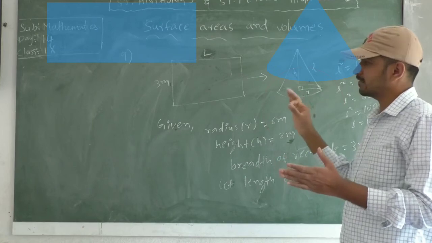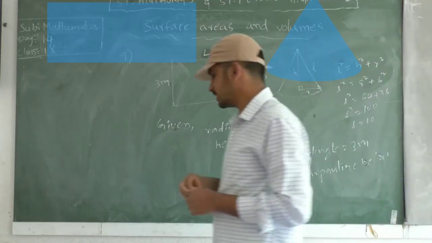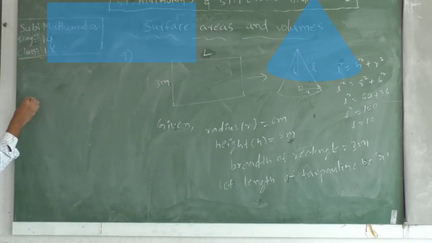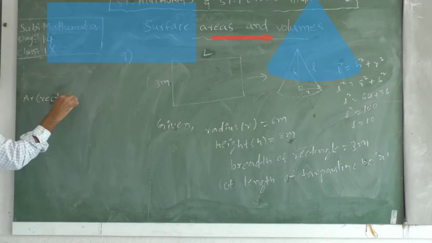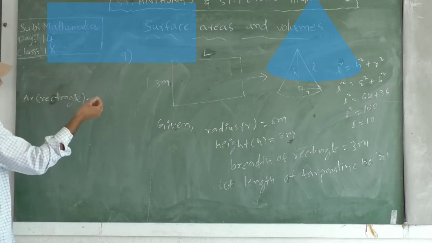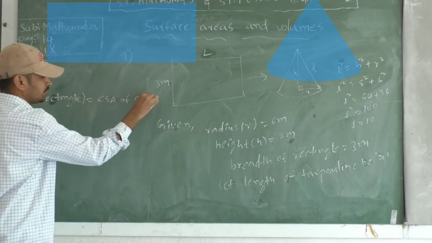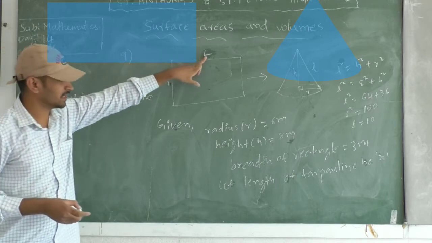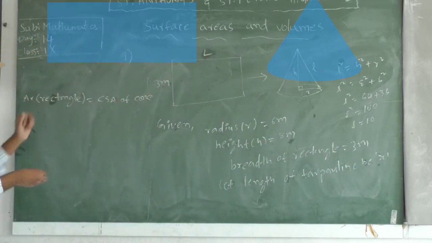So the slant height of the cone we know. Now we can equate: area of the rectangle equals CSA of cone. The area of the rectangle is length into breadth. Capital L we consider as x, and B is 3.